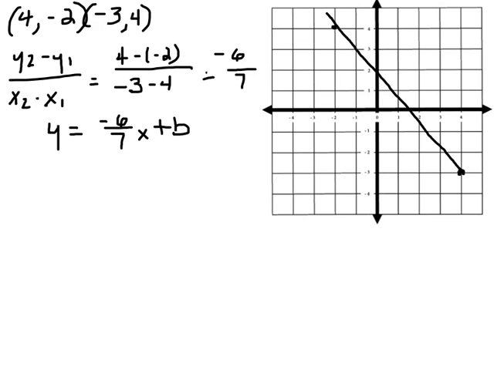I'm going to again use the first one, 4, negative 2, and I'm going to put these in. In y, we have negative 2 equals negative 6/7 times 4 plus b. All right, and when I multiply here, I get negative 24 over 7.